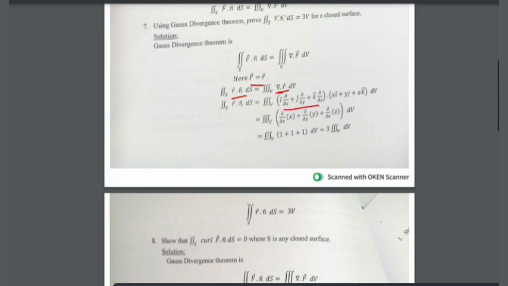So del, which assumes the value of the gradient, i vector ∂/∂x plus j vector ∂/∂y plus k vector ∂/∂z, and the value of r vector is x i vector plus y j vector plus z k vector, into dV. So I am multiplying the i vector, j vector and k vector. I get ∂/∂x of x plus ∂/∂y of y plus ∂/∂z of z into dV.